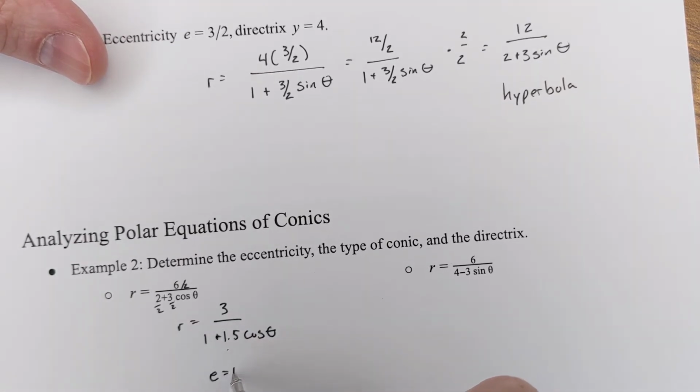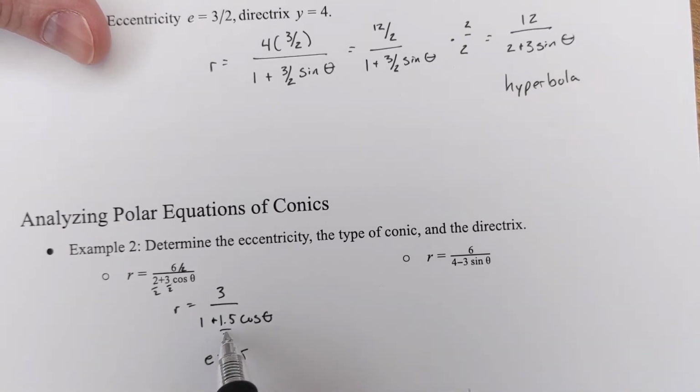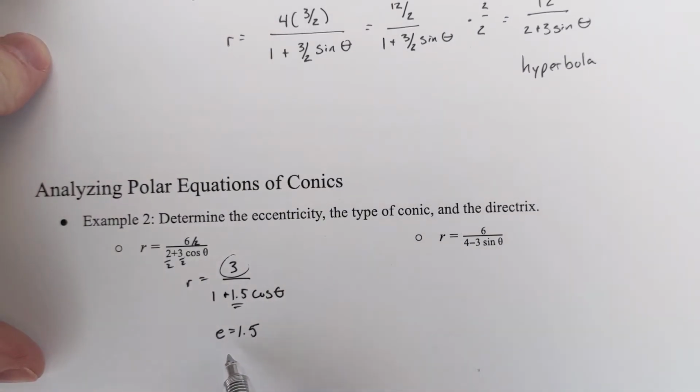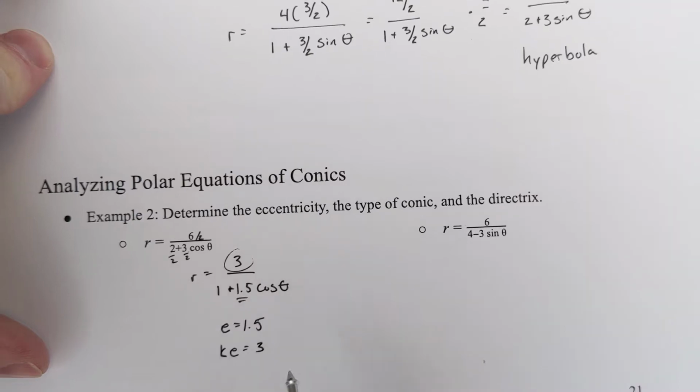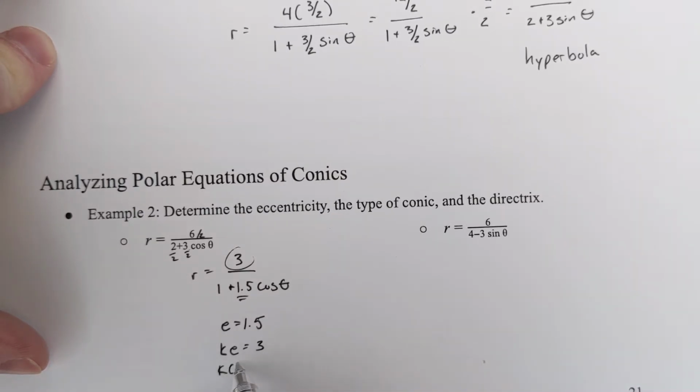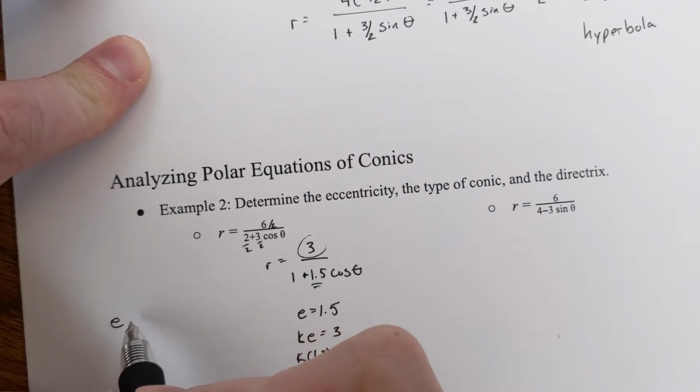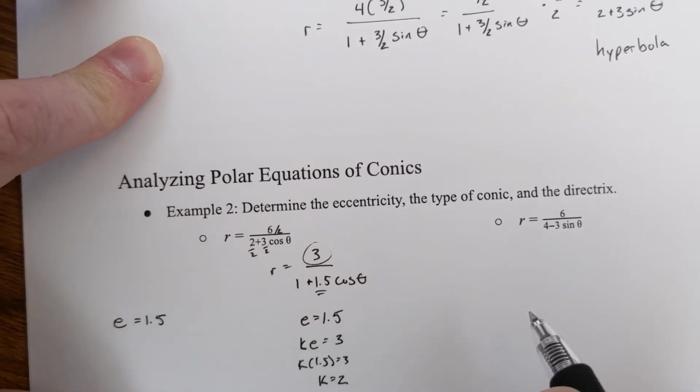So e is equal to 1.5, because that's just this number. That up there is ke. So k times e is 3, which means k times 1.5 is 3. So k is 2.